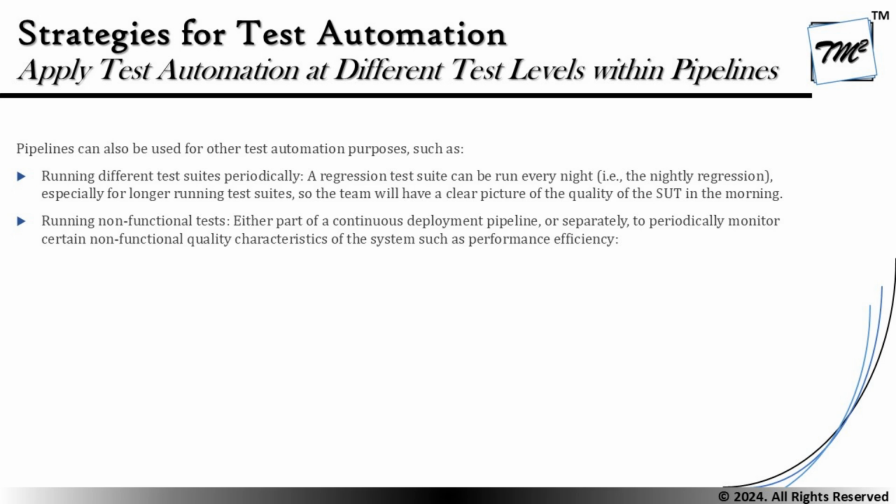It's not necessary to embed it into the pipeline, but you may certainly use a separate pipeline for all the non-functional checks like usability, stability and reliability. There are many measures related to non-functional, including security, etc.